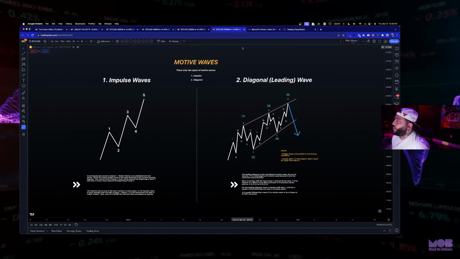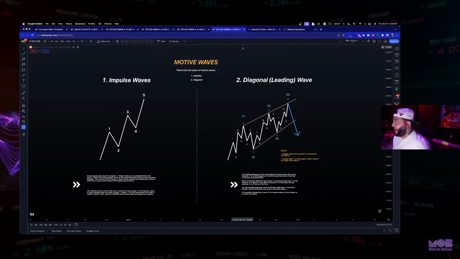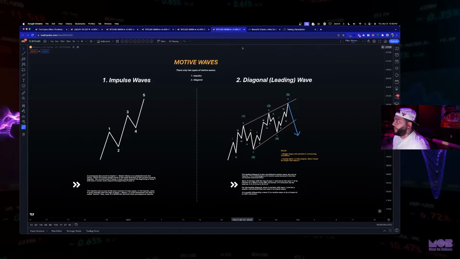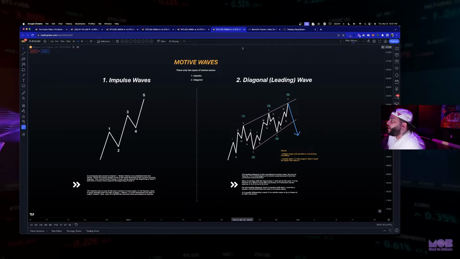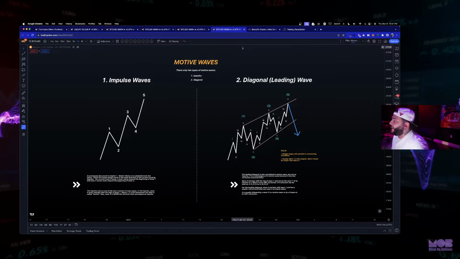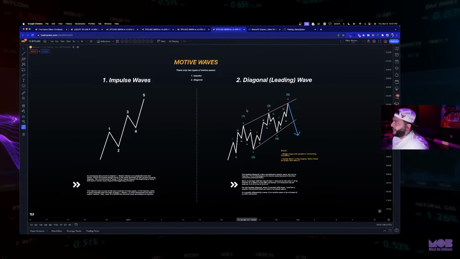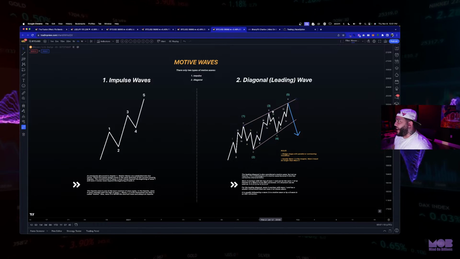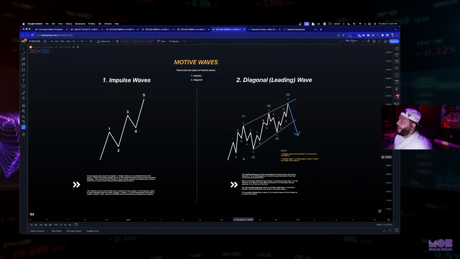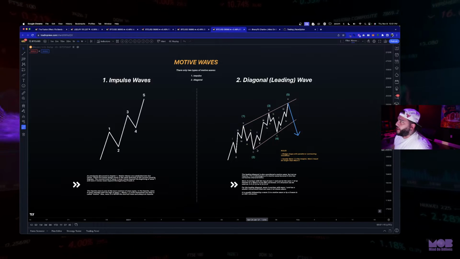Now, you see number 2, the second type of motive waves, the diagonal or leading wave. The rules: a wedge shape with parallel or contracting trend lines. If you're looking here, we're looking at higher highs followed by higher lows.